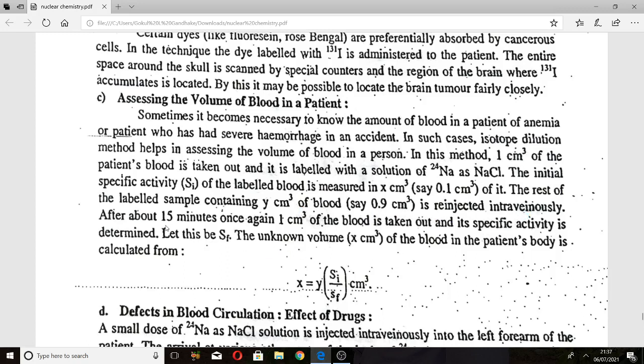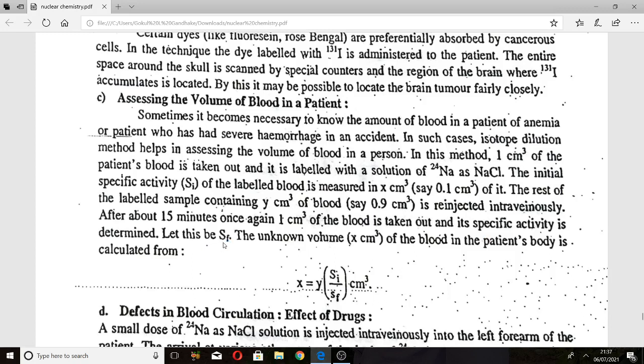After about 15 minutes, once again 1 centimeter cube of blood is taken out of the patient and its specific activity is determined. Let this be SF.